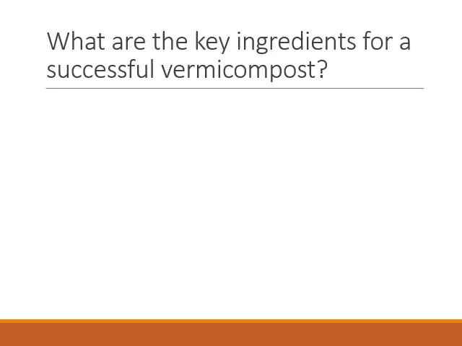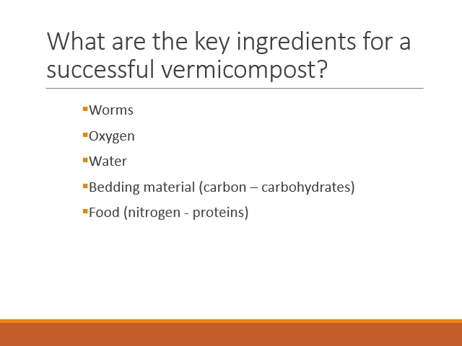What are the key ingredients for a successful vermicompost? Worms, that's obvious, but again, sometimes students forget the obvious. Oxygen, water, and bedding material, and food. Although technically these are really the same, I'm separating them to separate proteins or browns and greens.